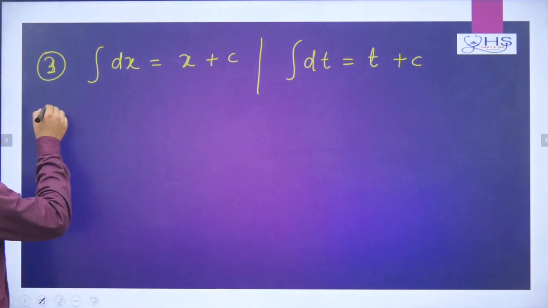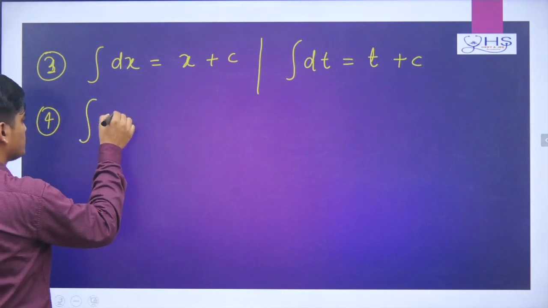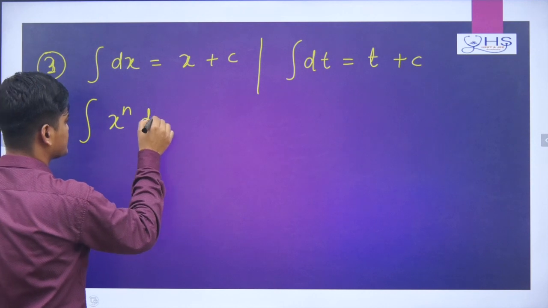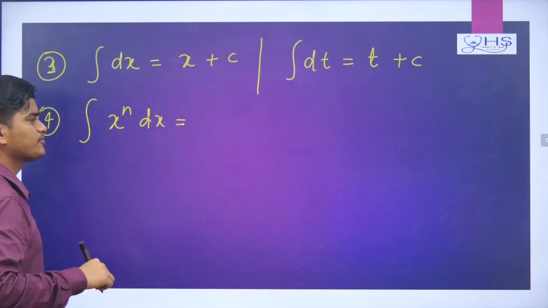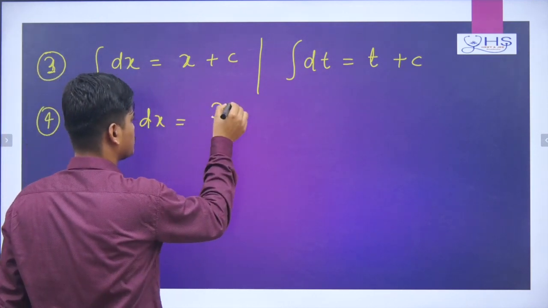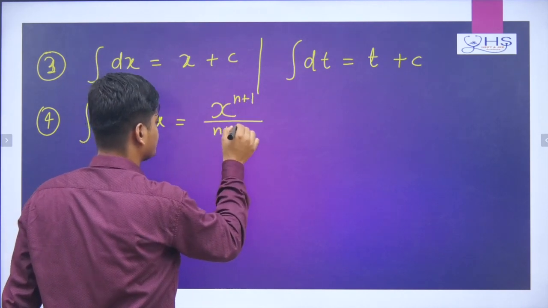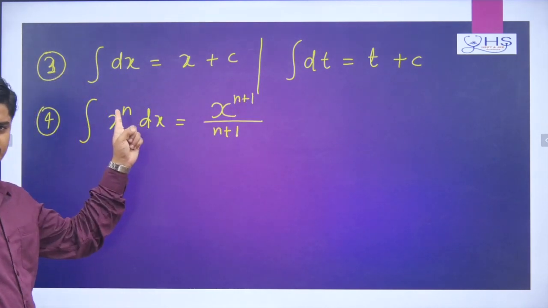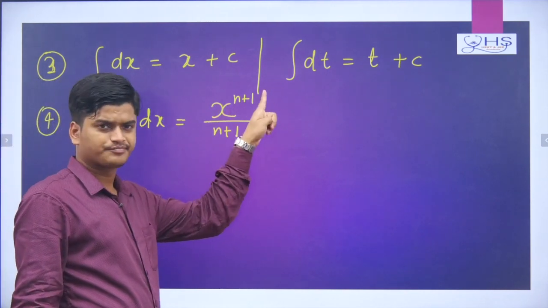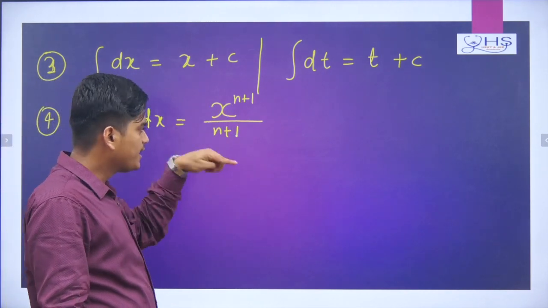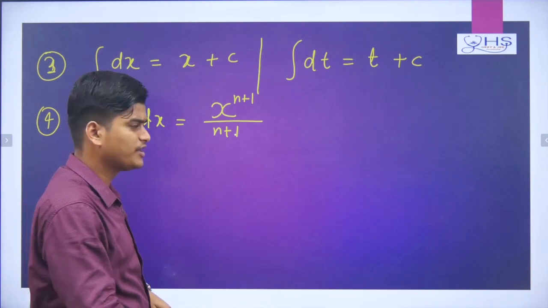Now number 4, integration of x to the power n dx. If I am finding the integration of x to the power n dx, that is nothing but x to the power n plus 1 divided by n plus 1. So the power n will increase by 1, to n plus 1, and you have to keep n plus 1 in the denominator.